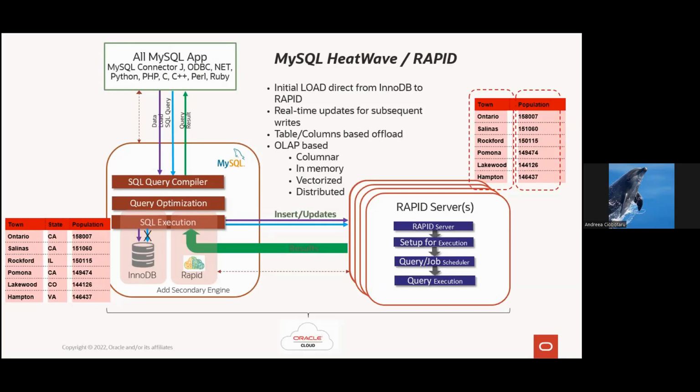So now, when HeatWave is enabled, you have the data in your system. You can query that data, and the queries that qualify will be automatically offloaded from the MySQL DB system to HeatWave for accelerated processing.